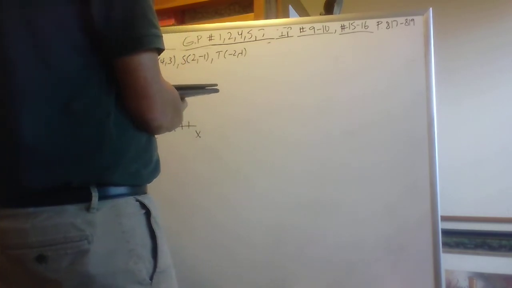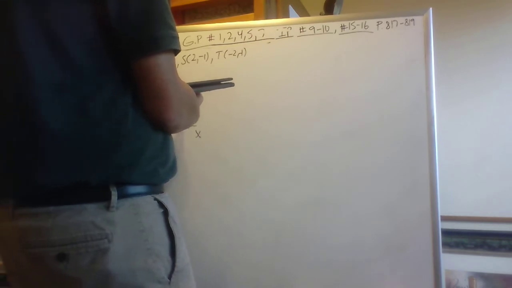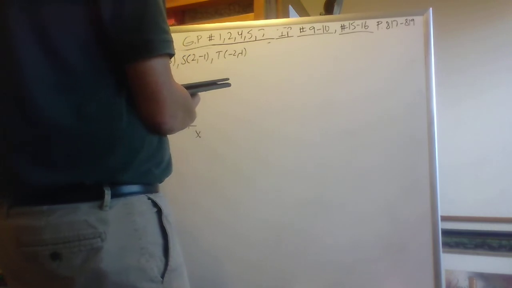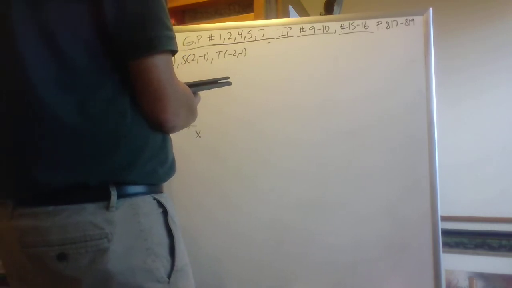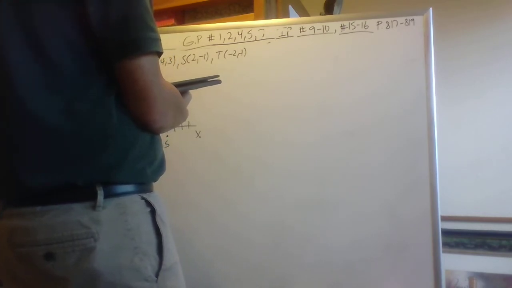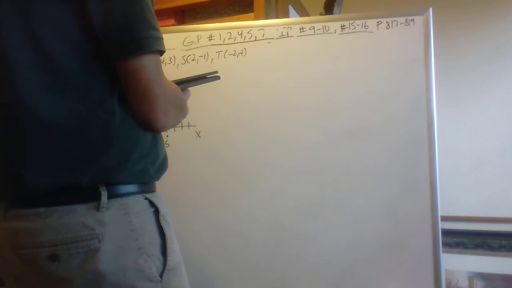So Q is at -1 and 2. And then R is at 4 and 3. And then S is at 2 and -1. And then T is at -2, -1. So it looks like this.